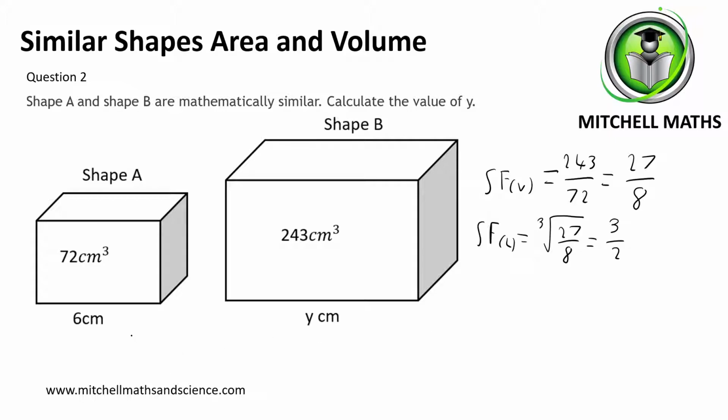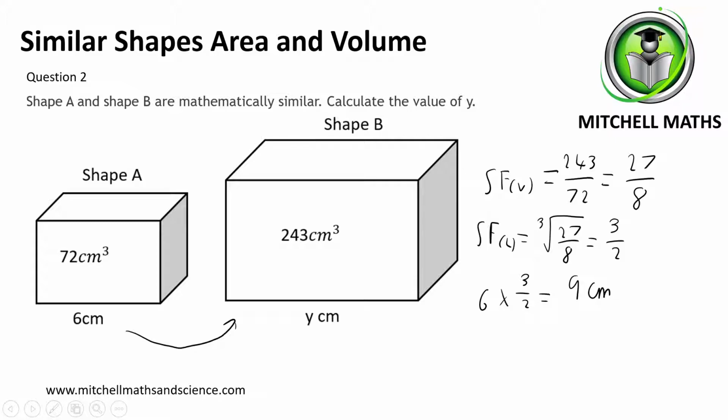And because I'm enlarging, because I'm going to the bigger shape, I'm going to multiply 6 by 3 over 2. And 6 times 3 over 2 is 9 centimetres. So y is 9 centimetres.